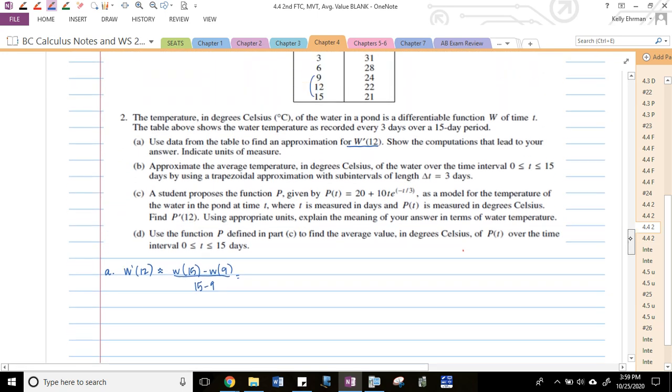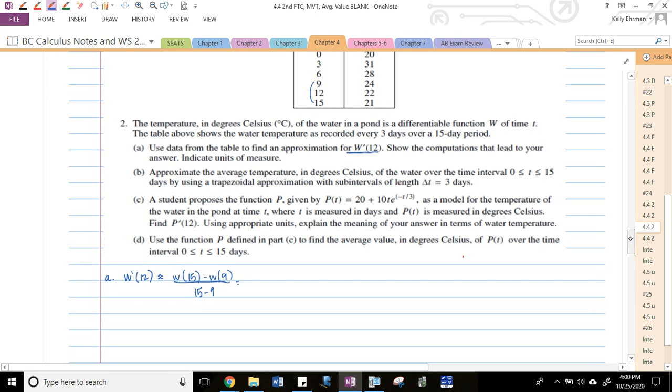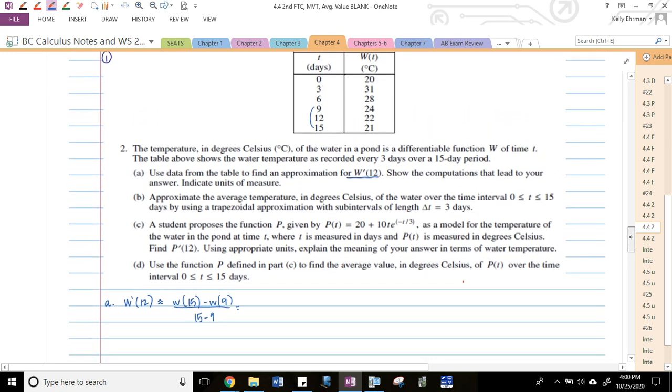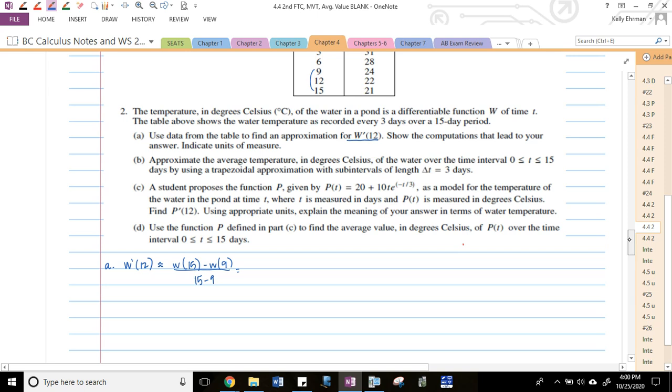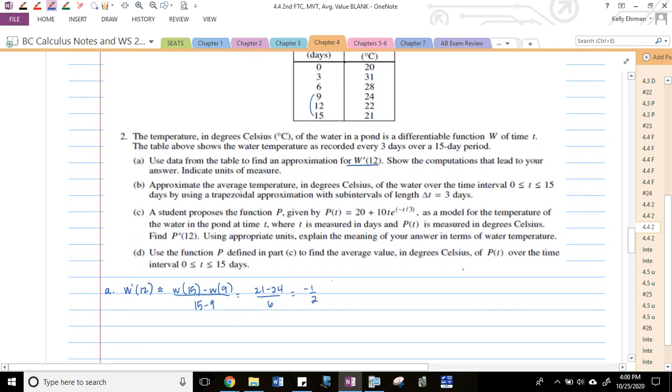You could probably also use 15 to 12 or 9 to 12. We can check the scoring guidelines on that. So that's 21 minus 24 over 6. Negative 3 over 6 is negative 1/2. We need units, and we've already shown our work. These are temperatures in degrees Celsius, and we're talking about days, so degrees Celsius per day.